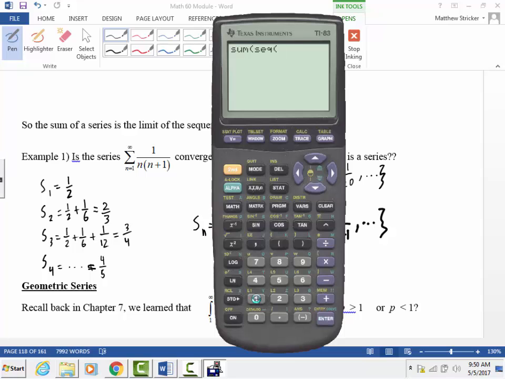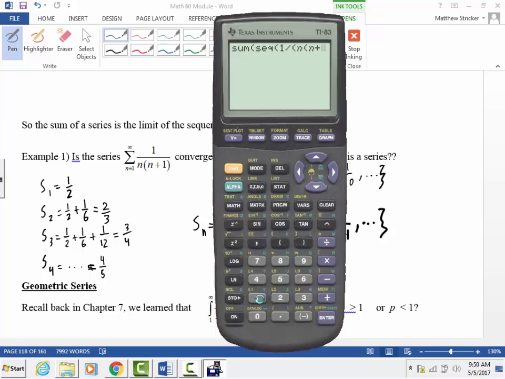So we're going to go 1 divided by parentheses n plus 1. Question? Mine's a little different. For sequence, you go to second list, then ops, and it's the 5th option.